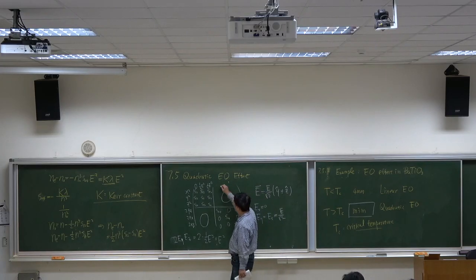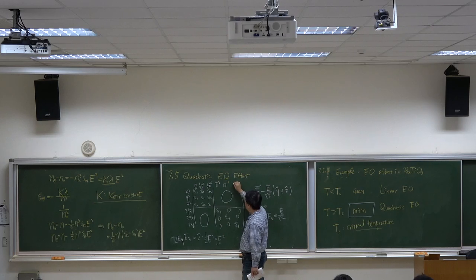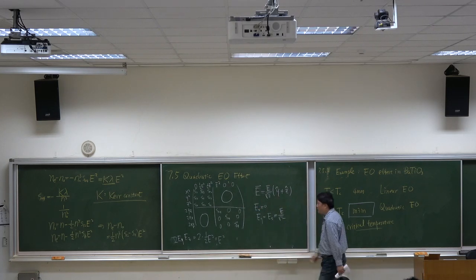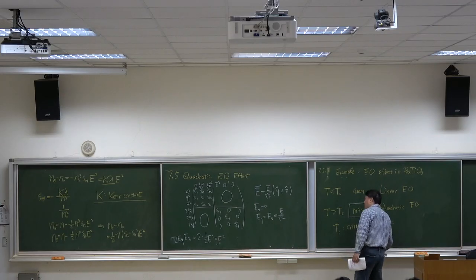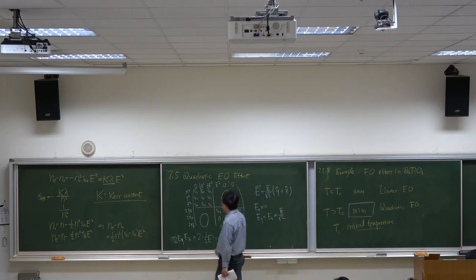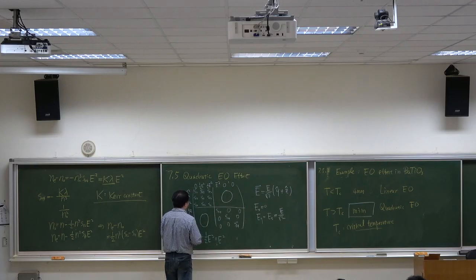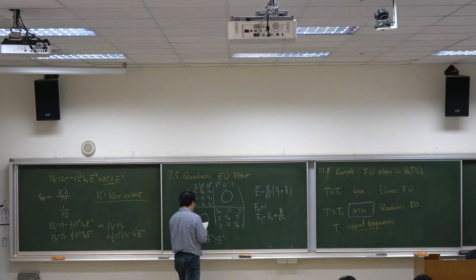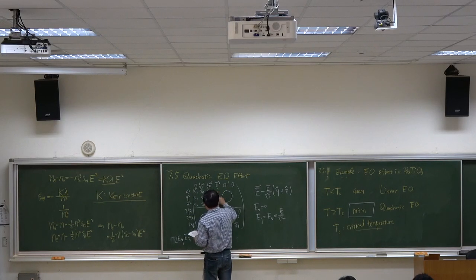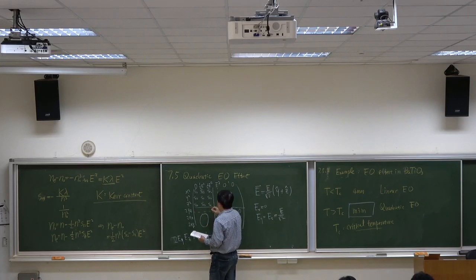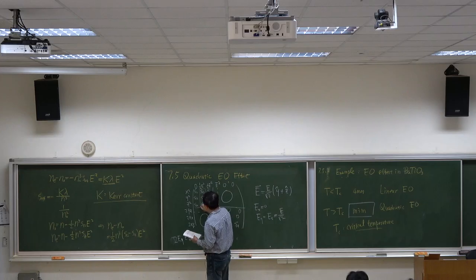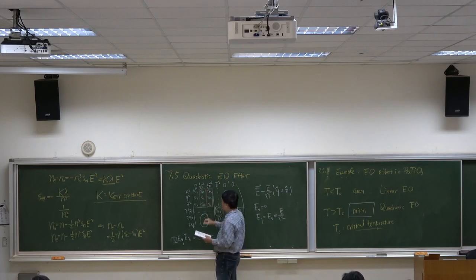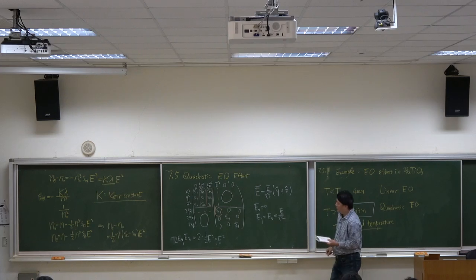So now here we have E squared. 2zx, no x. 2xy, no x. So now we have this term and these three terms.